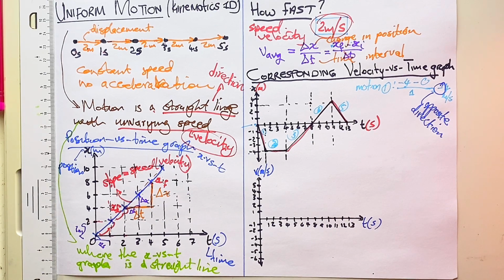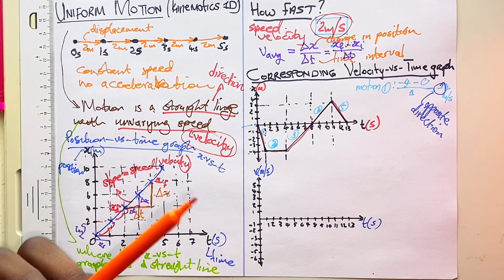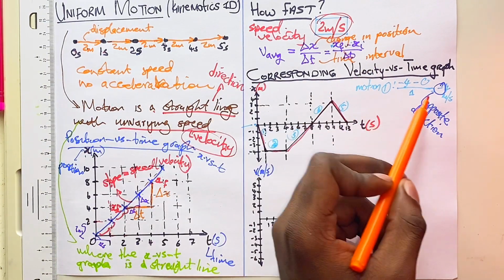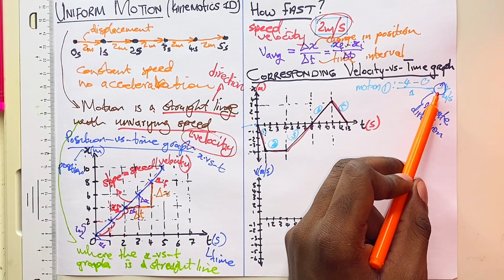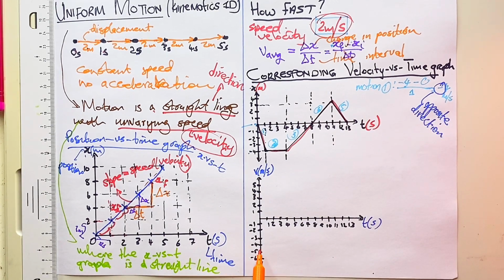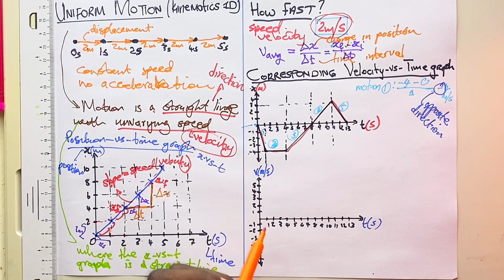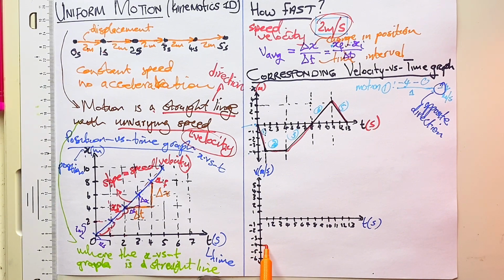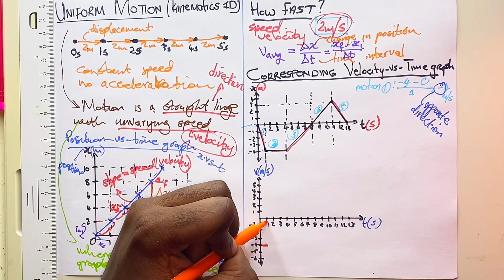So let's present it in our velocity versus time graph. We know that the velocity is minus 4. Therefore we'll come to minus 4 here, but for how long? It is for 1 second. So they move minus 4 meters per second for 1 second.